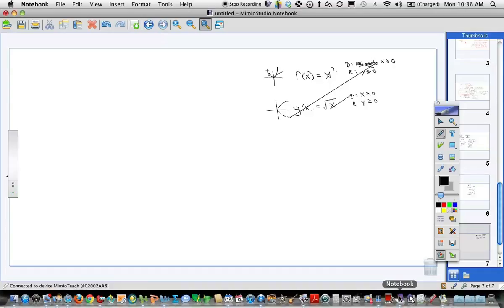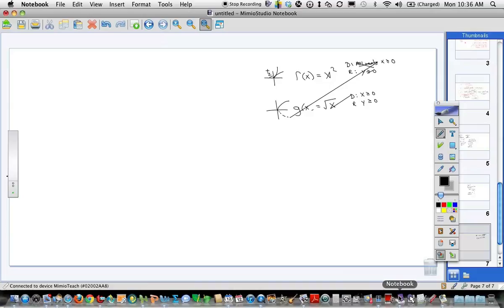I was saying that there was an issue with this f of g of x equals x kind of thing. If you put a 3 in and square it, you get 9. You do the square root of 9, you get 3. Seems fine. Now let's do it the other way. Start with the 9, do the square root of 9, you get 3, and 3 squared is 9. Let's try that with a negative 3.